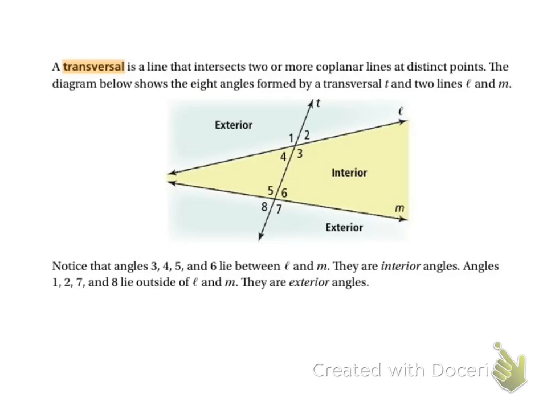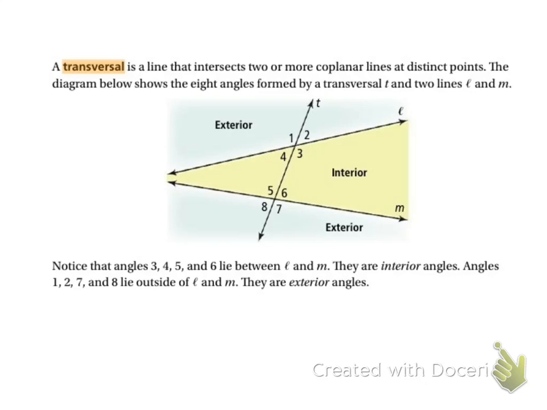Okay, a transversal is a line that intersects two or more coplanar lines at distinct points. So right here is our transversal, crossing these two lines. And transversals form 8 angles if they go straight through.